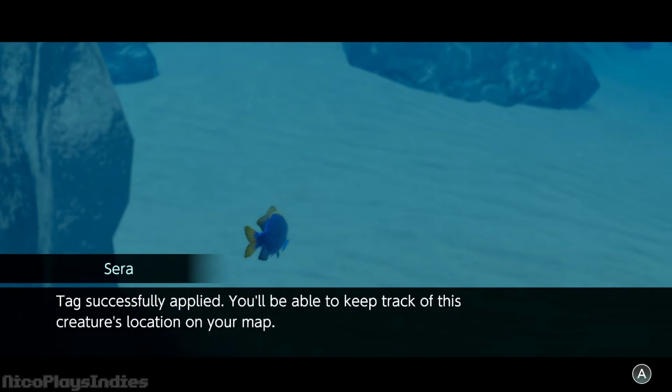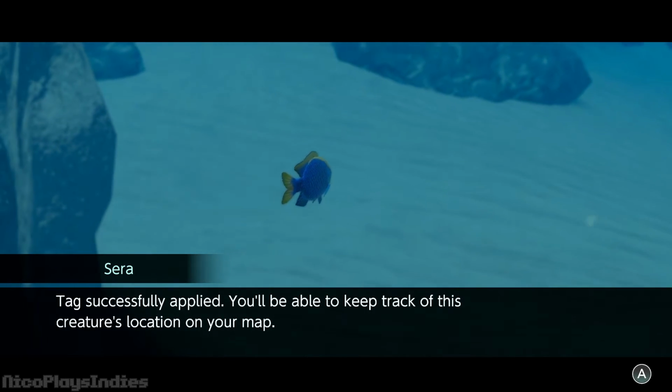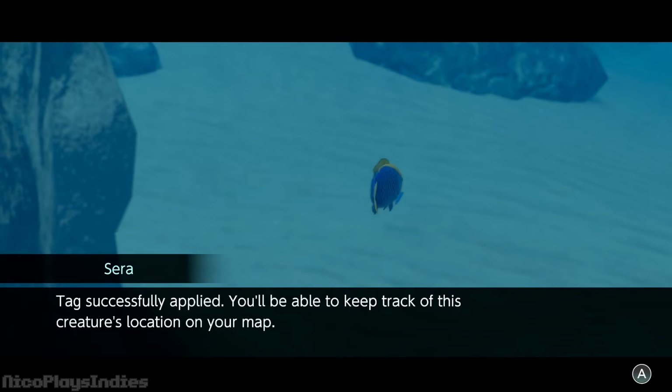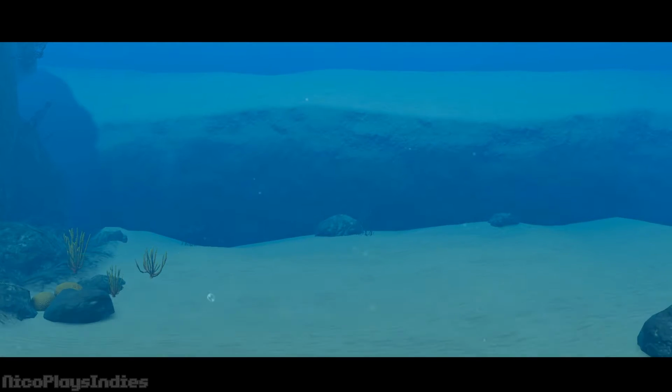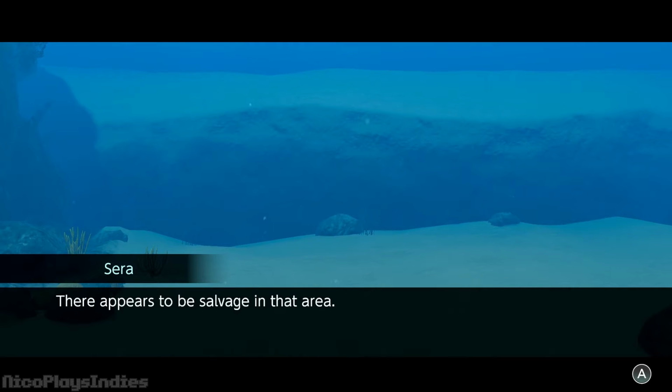Scan one and select the tag you want to apply while focused on it. Tag successfully applied. You'll be able to keep track of this creature's location on your map. Tags can also be attached to salvage. Let's try it. There appears to be salvage in that area.